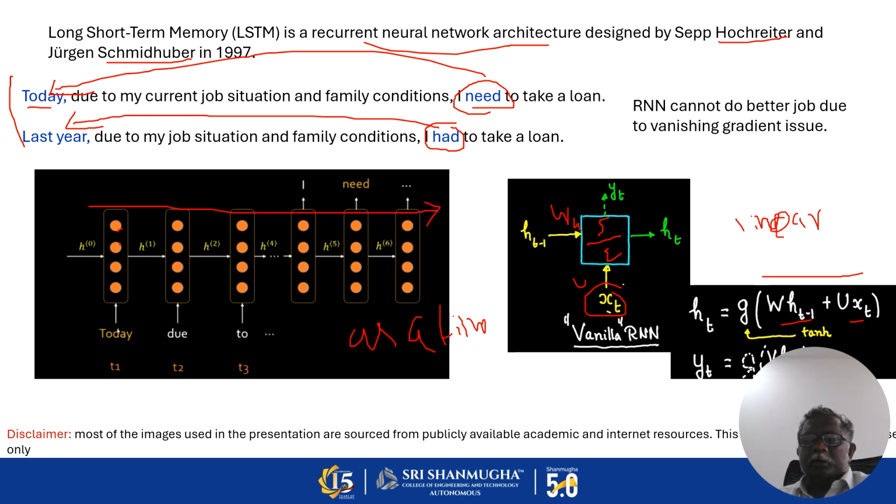Since it is a linear combination of vectors, this g is a non-linear function that we apply over there. Mostly here a sigmoid activation function, a non-linear function. So this is the way it works for a particular hidden state.